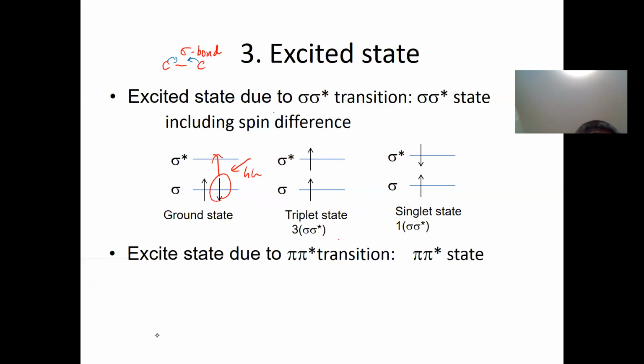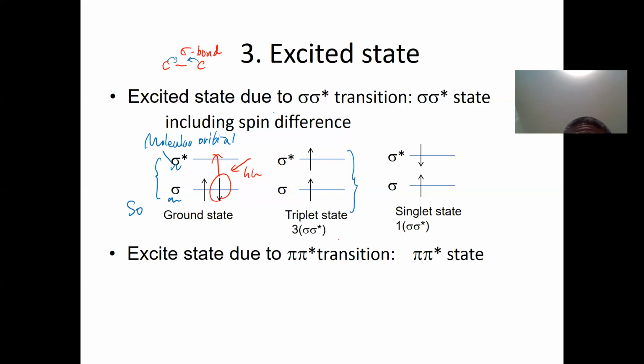Also, I want you to be aware that these are molecular orbitals. This set of electron configuration is the ground state, for example S0 state.